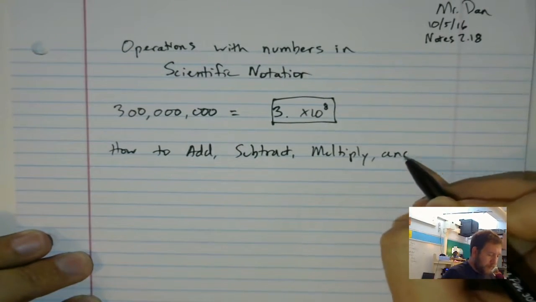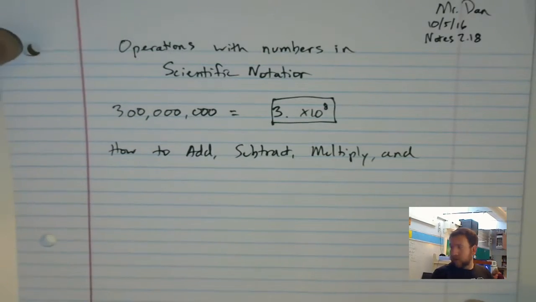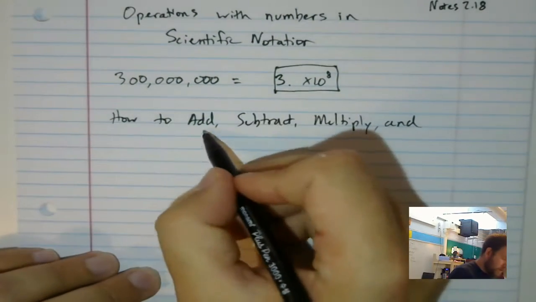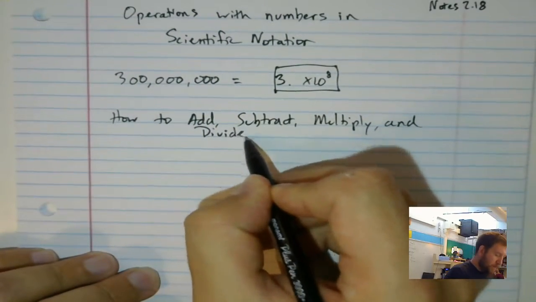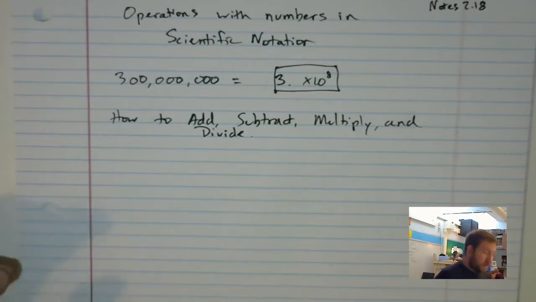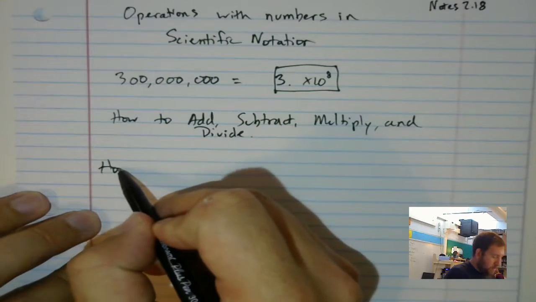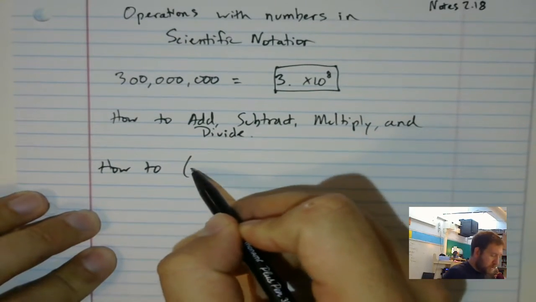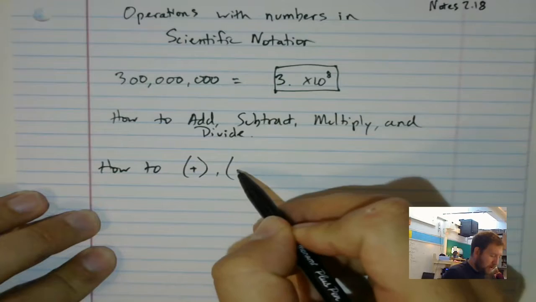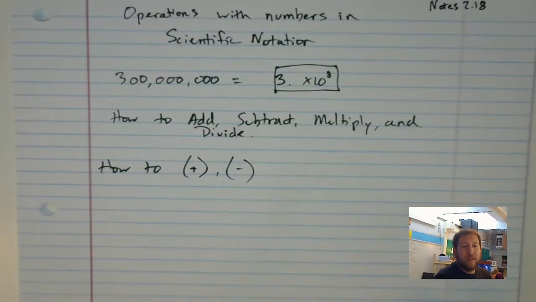So we're going to start with the easier two first. Of course, they're always addition and subtraction. So how to add and subtract. Those are going to be our key things.